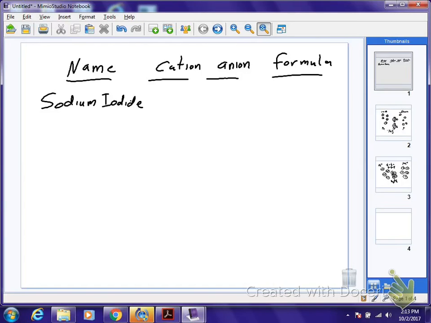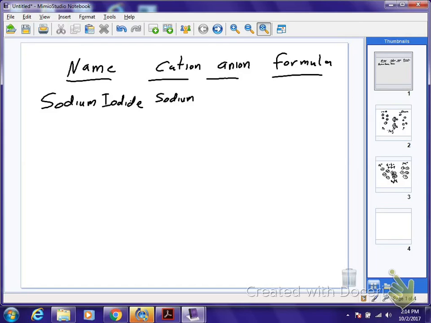This one's going to be cations. Which one of these 2 is our cation? Be the ones up above. So which one of these 2 is our cation? Sodium. Okay. And then, of course, the other one has to be the anion, and so I messed up there.